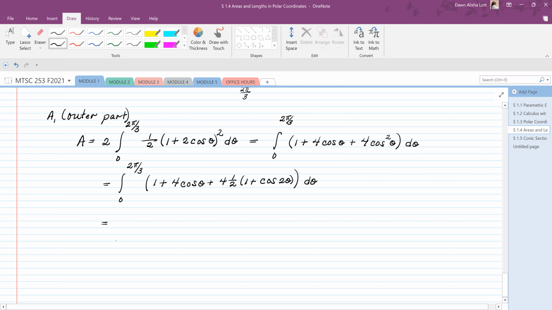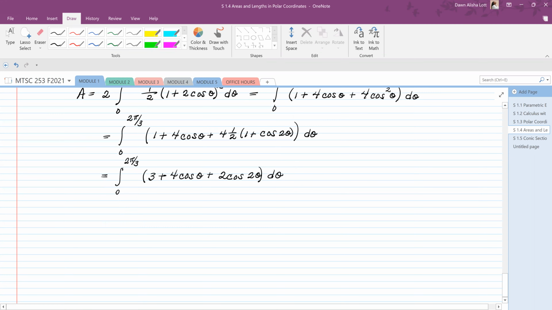So now I get the integral from 0 to 2 pi over 3. I have 1 from here, and I'm going to get 2 from over here. So that's going to give me 3 plus 4 cosine theta plus 2 cosine of 2 theta d theta.